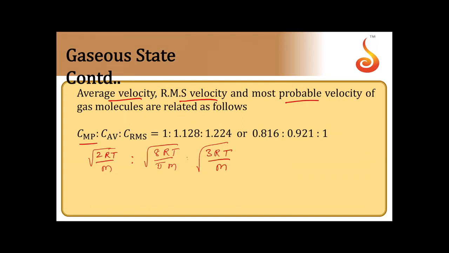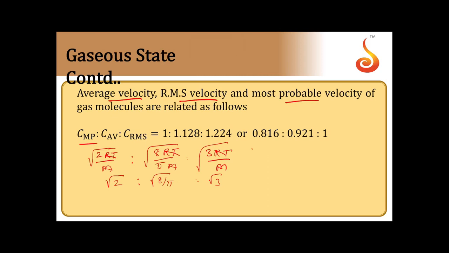These are the basic formulas for these three velocities. We can remove RT by m throughout because all have common RT by m. So we are left with root 2 is to root of 8 by pi is to root of 3.